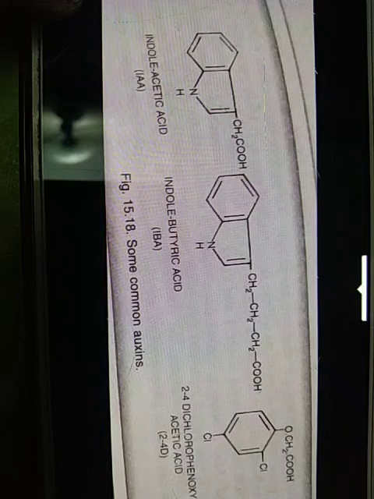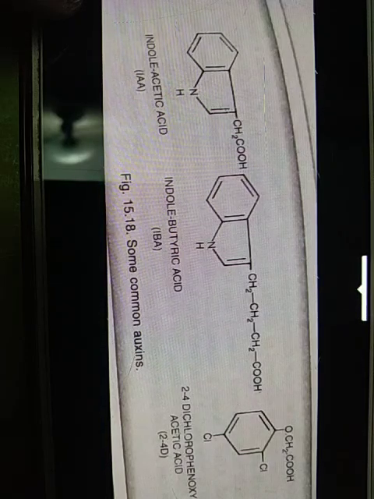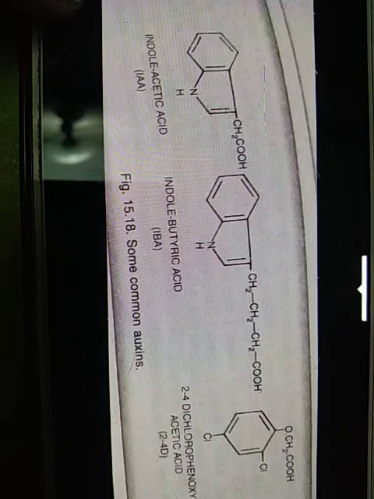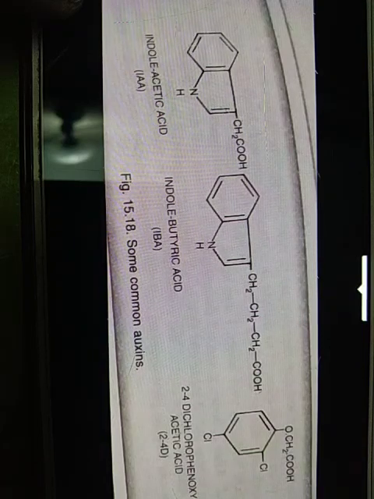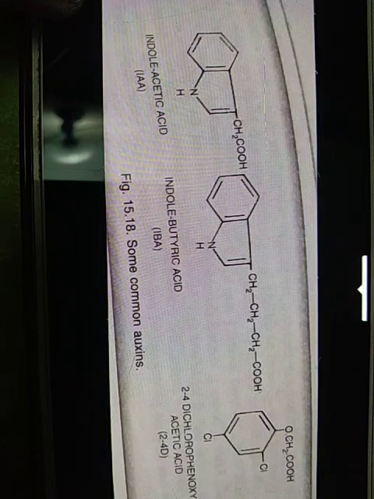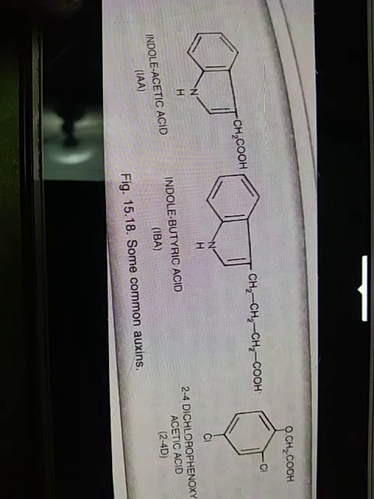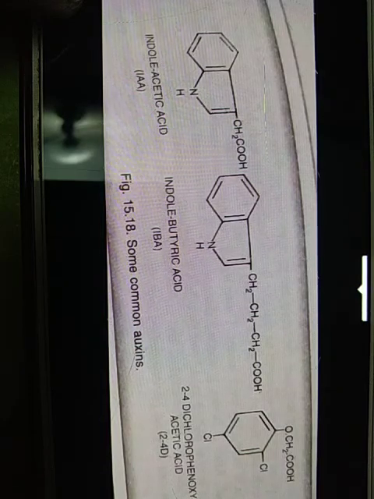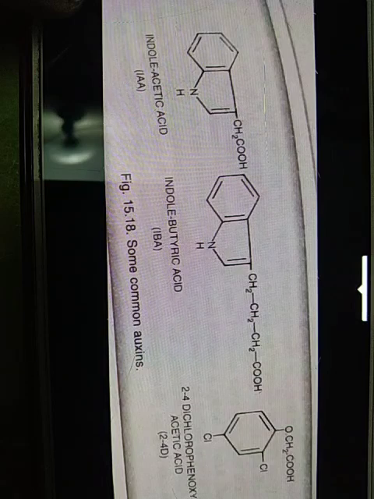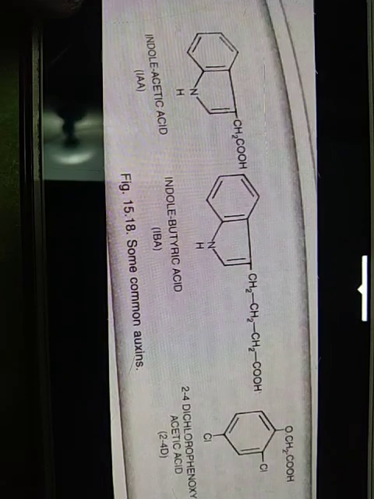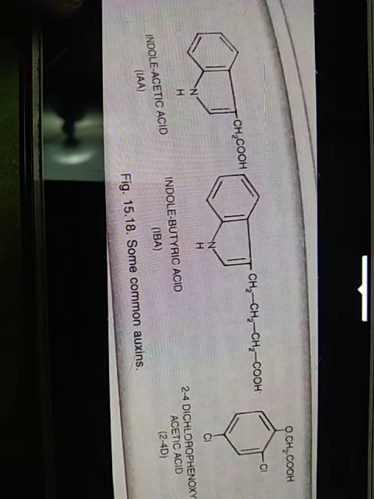For example, p-chlorophenoxy isobutyric acid, that is PCIB. TIBA, that is 2,3,5-triiodobenzoic acid, also acts as an antiauxin by blocking the transport of auxin.